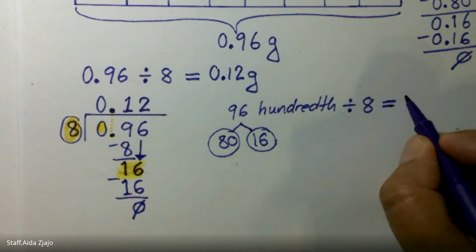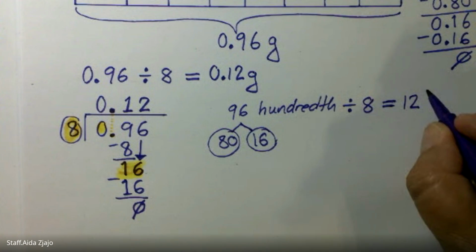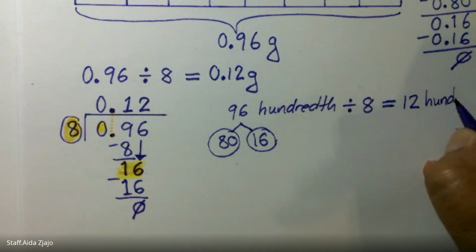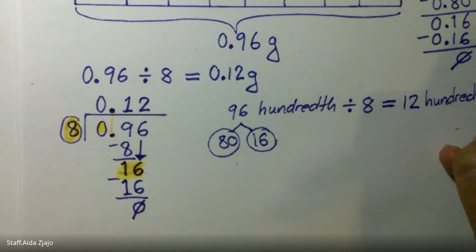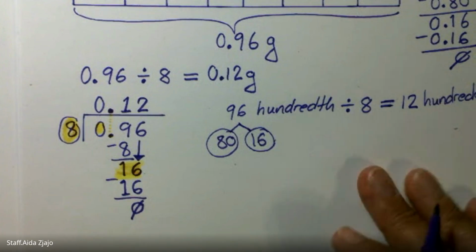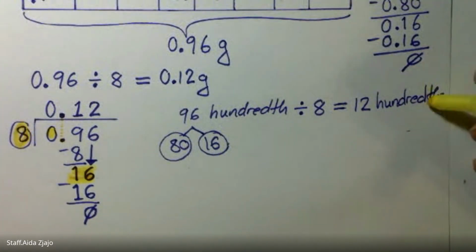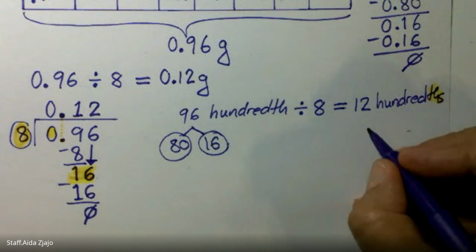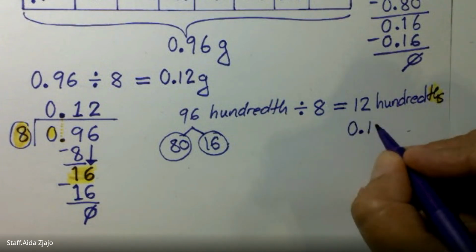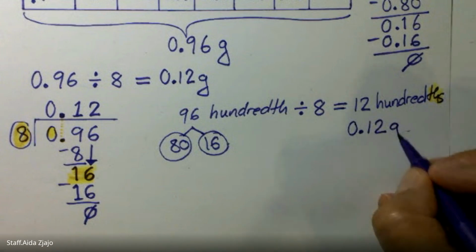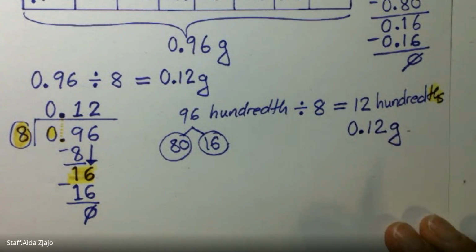So it becomes 12 hundredths. And then you can change the 12 hundredths into 0.12, which is the same answer that we got.